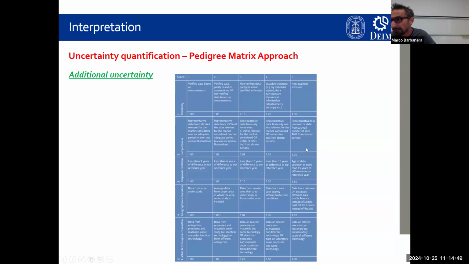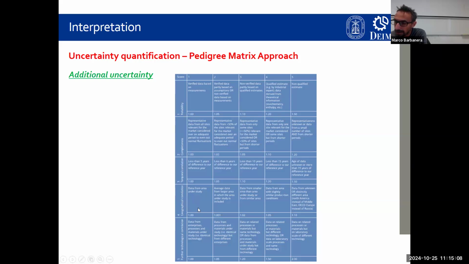I don't know if you can read this table, but take one of the criteria, for example, the geographical correlation.